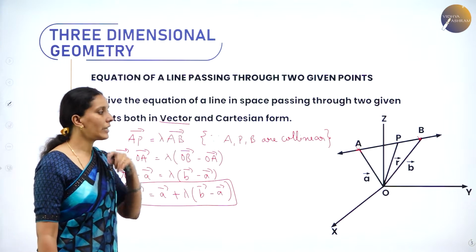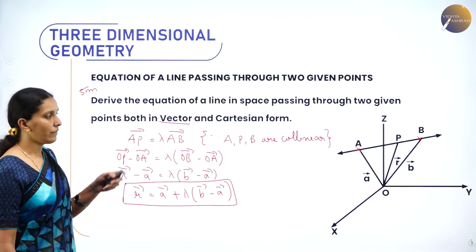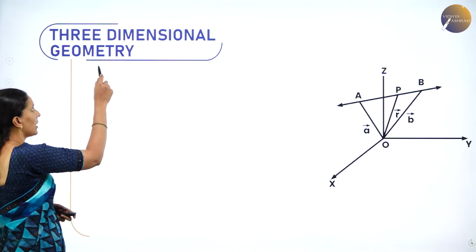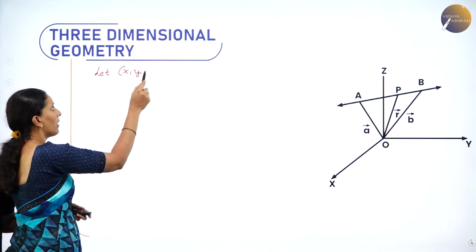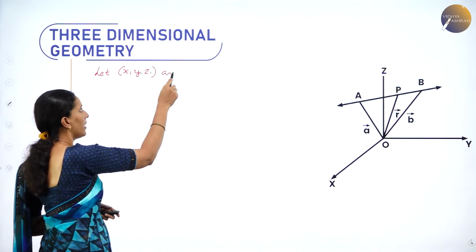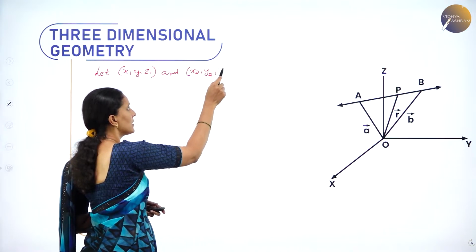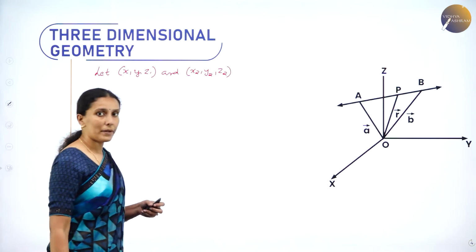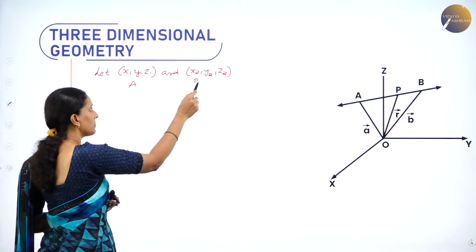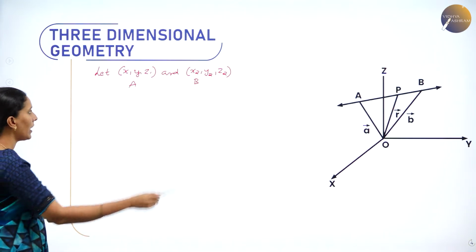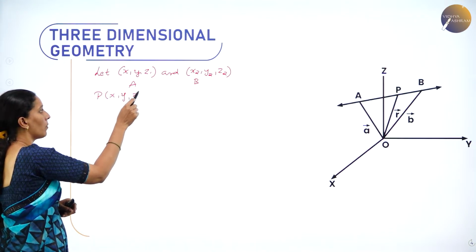Let us write the Cartesian form of this equation of a line passing through the two given points. So, here let x1, y1, z1 and x2, y2, z2 represent the coordinates of point A and B respectively. Let P be any arbitrary point whose coordinates be x, y, z.